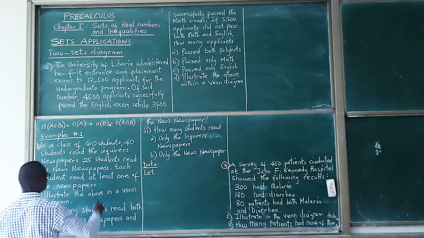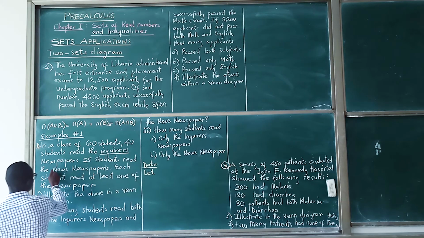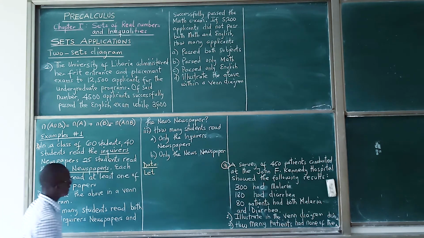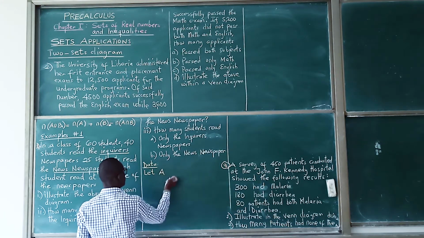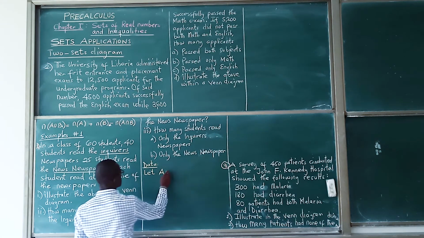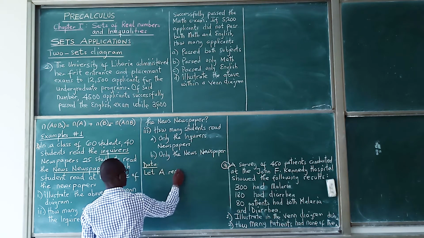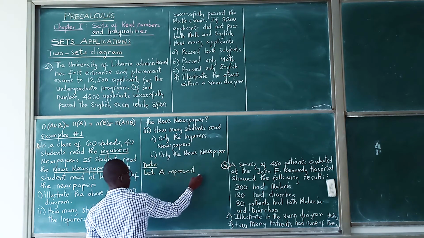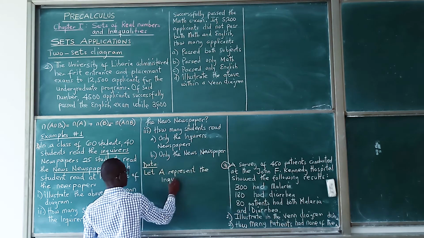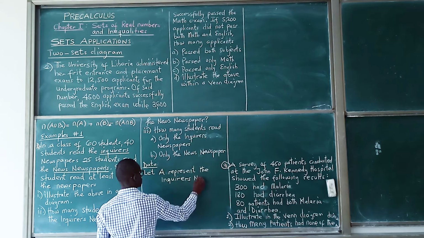We are dealing with two sets, Inquirer newspapers and the other newspapers. So we could say, depending on what you want to represent it with, let A represent the Inquirer newspapers.